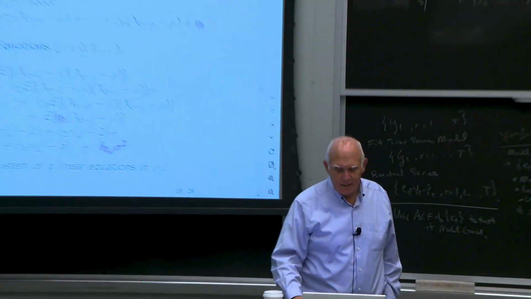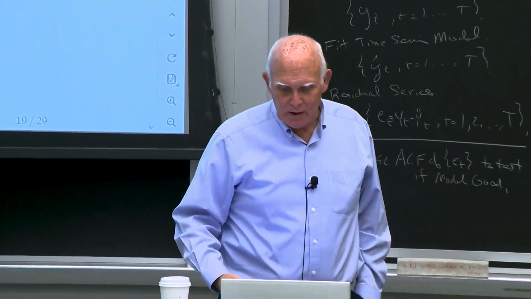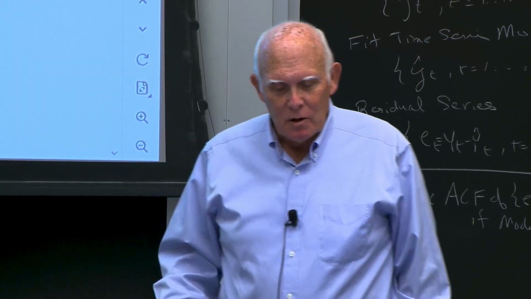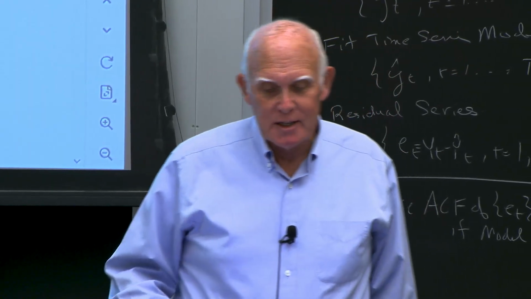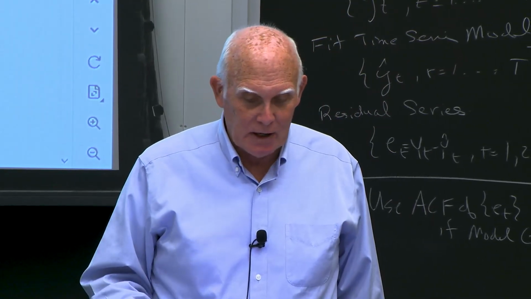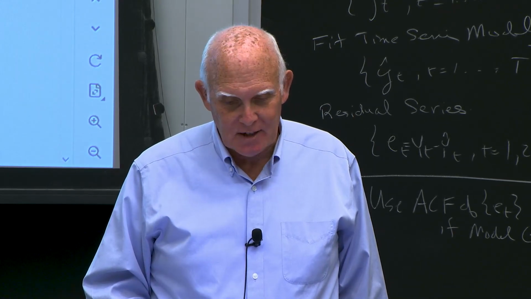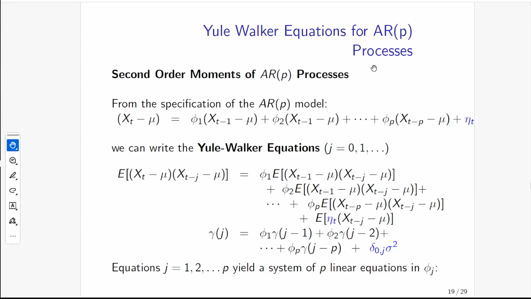Now, to fit an autoregressive process, we could simply fit a linear regression model with p lags of the series as explanatory variables. But what's rather interesting to know is this approach called solving Yule-Walker equations.